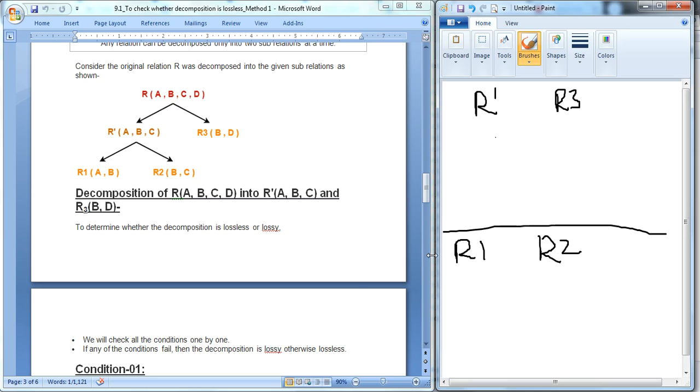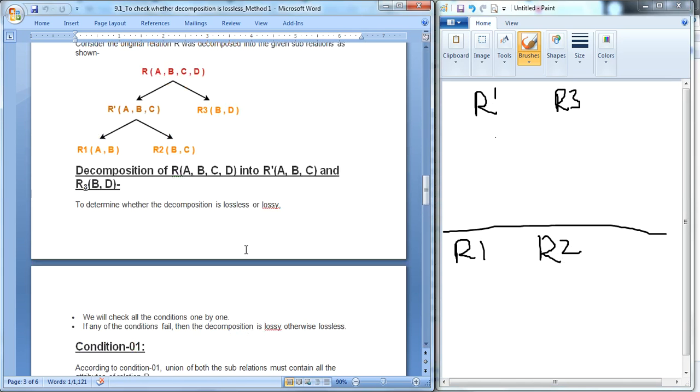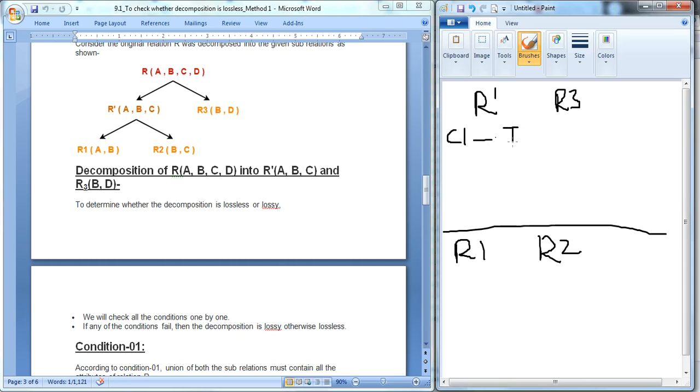Now condition 1 says that the union of R dash and R3 is R. Is it correct? Union of ABC and BD, that one is true, right? Because the union of these two is equal to R. That's why the first condition is true.